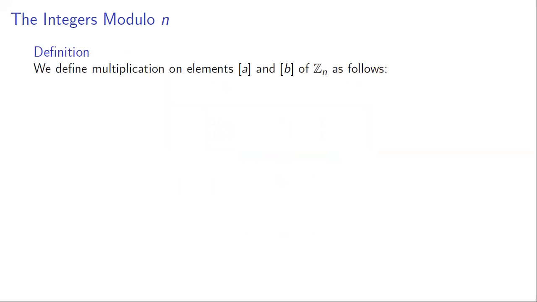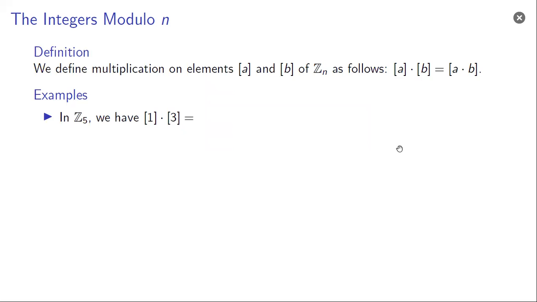We define multiplication on elements a and b of Z sub n as follows: the equivalence class of a times the equivalence class of b is equal to the equivalence class of a times b. Now for some examples, using Z sub 5. The equivalence class of 1 times the equivalence class of 3 is the equivalence class of 1 times 3, or the equivalence class of 3.